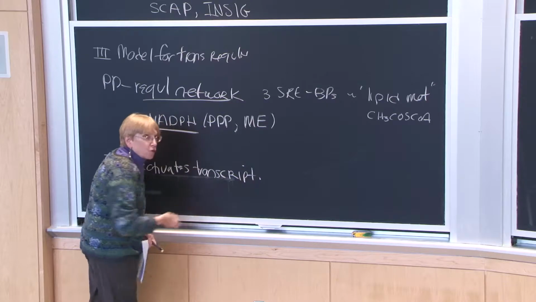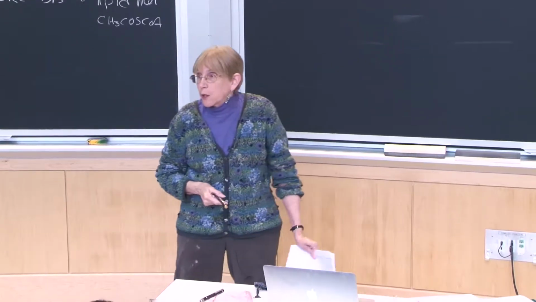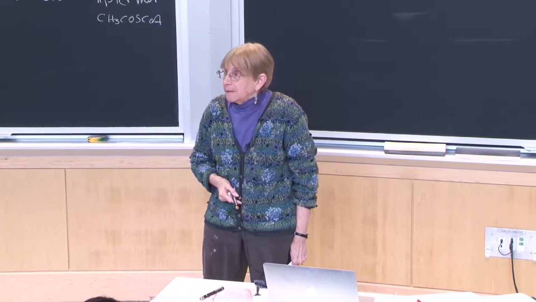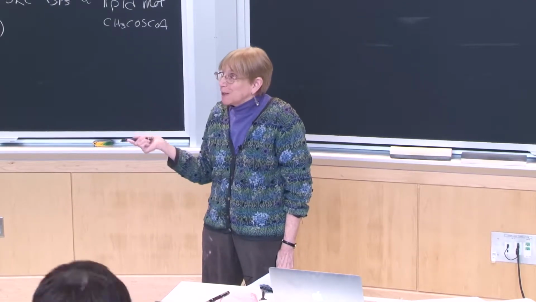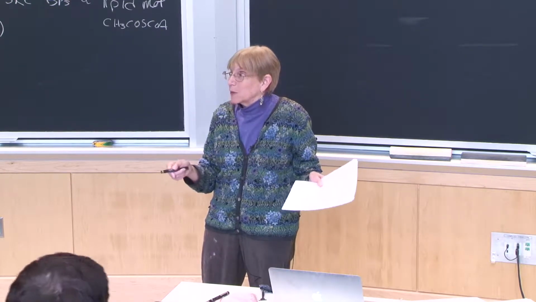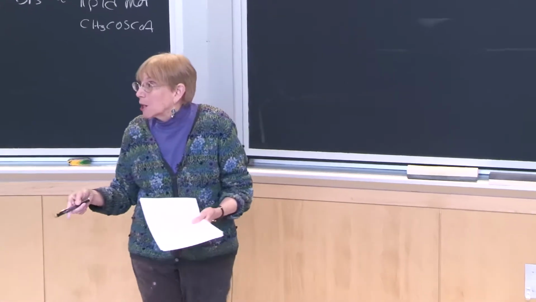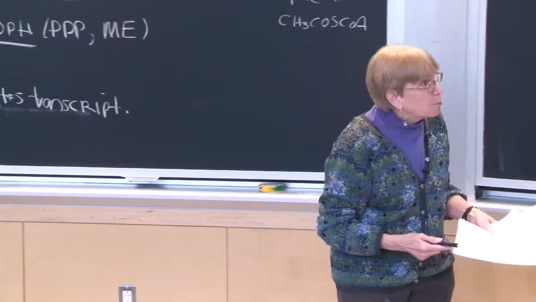Okay, it could repress transcription, but it activates. So if you have low sterols, what do you want to do? You want to turn on the transcription factor. So it needs to somehow move from this location in the membrane to the nucleus. Okay, so that's where this model is coming from, and we'll walk through it step by step.